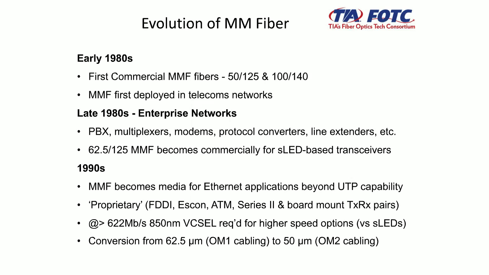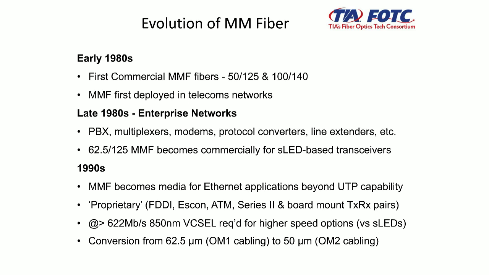Actually, 50/125 was, both in this country and in Europe. And the reason they went to 62.5 was it was easy to couple to LED-based transceivers, made for a more cost-effective transceiver.